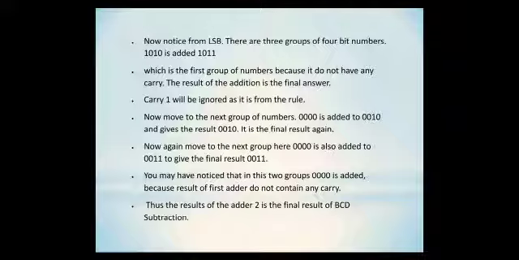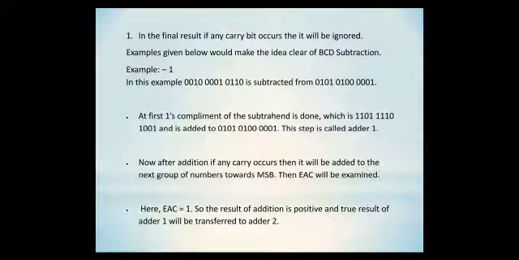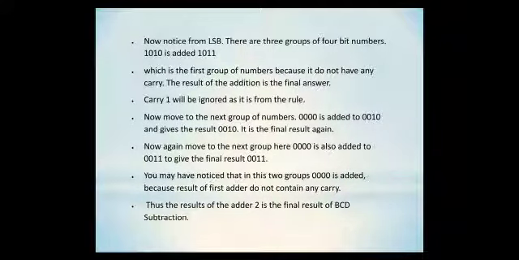Now move to the next group: 0000 is added to 0010, and we follow the same table. 0 added to 2 gives 2, which is the final result.